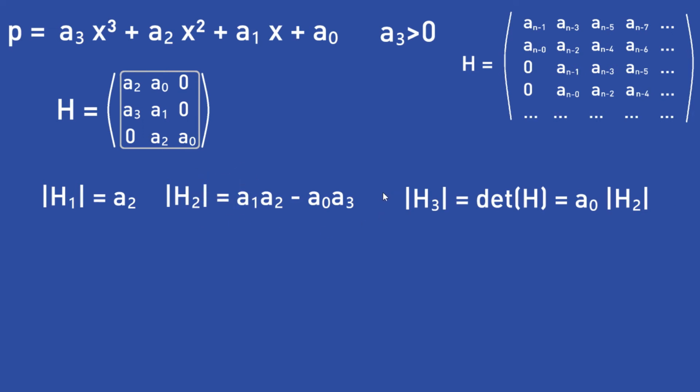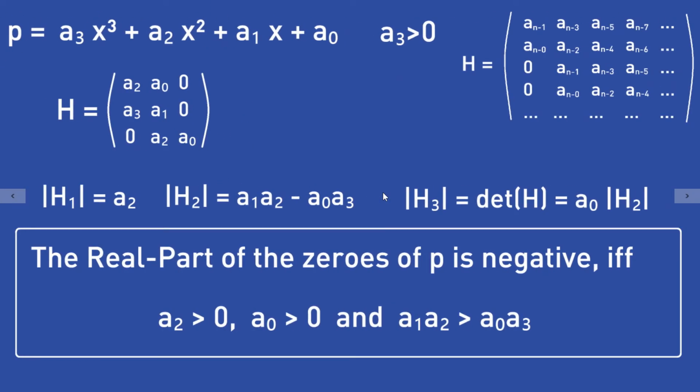Now the Routh-Hurwitz criterion tells us that the real part of all the zeros of P is negative if these principal minors are all positive. So this here has to be positive, that here, and that here. Which means a2 has to be positive, a0 has to be positive, and this here has to be positive, so a1 times a2 has to be larger than a0 times a3.